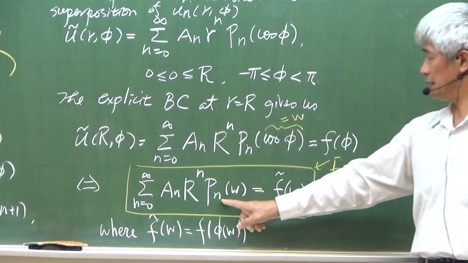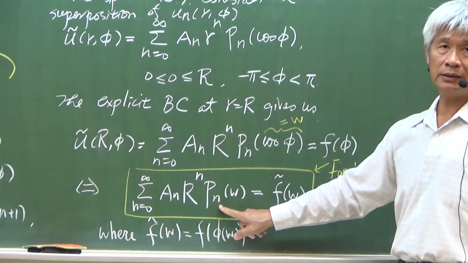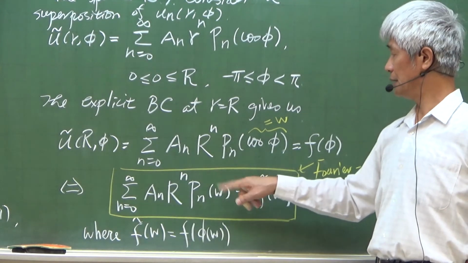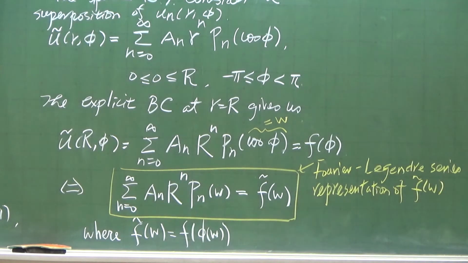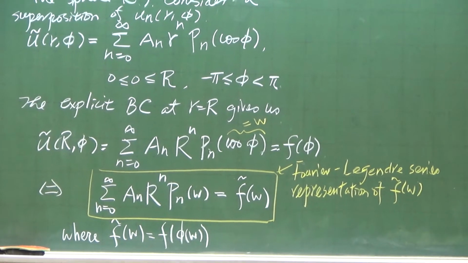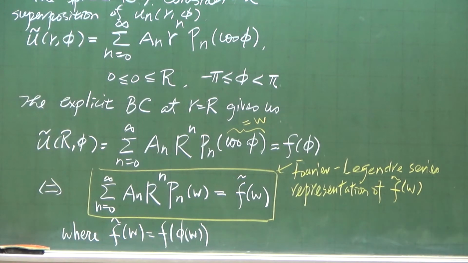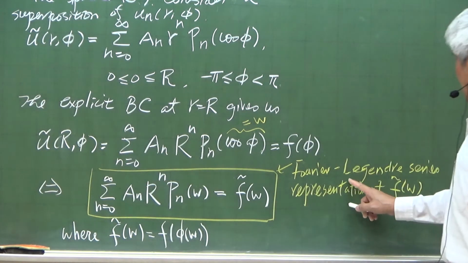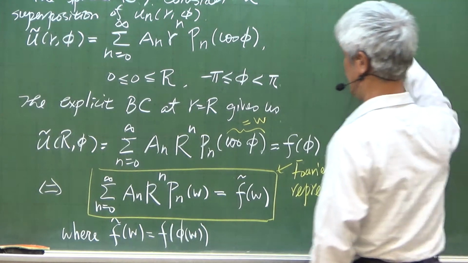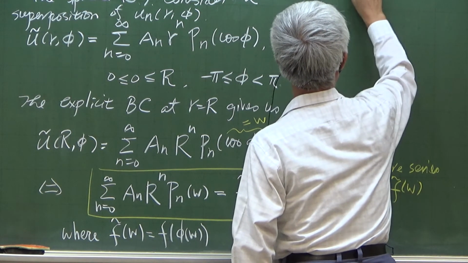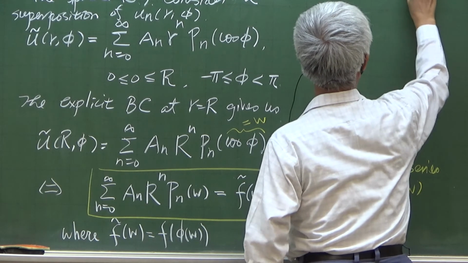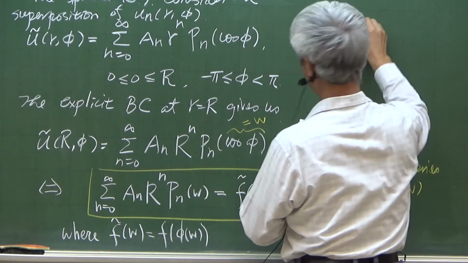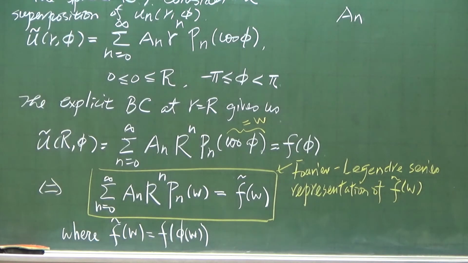Because this is the Legendre polynomial, and they form an eigensystem. Okay, so from that, we know how to find the coefficients of this series expansion.